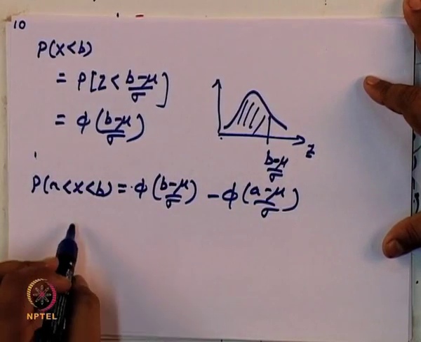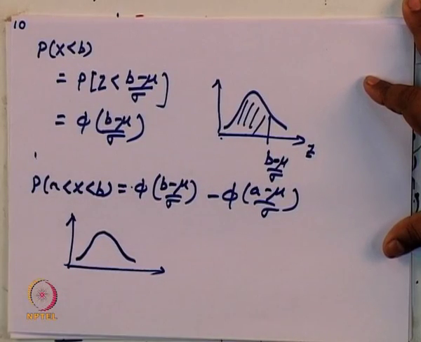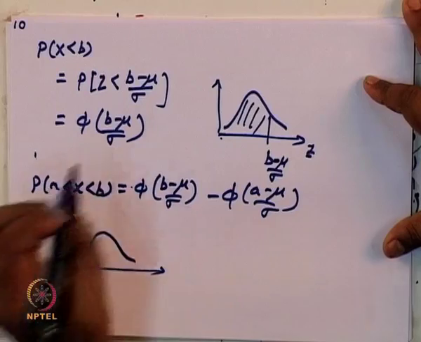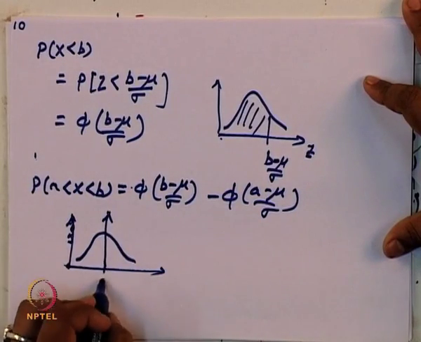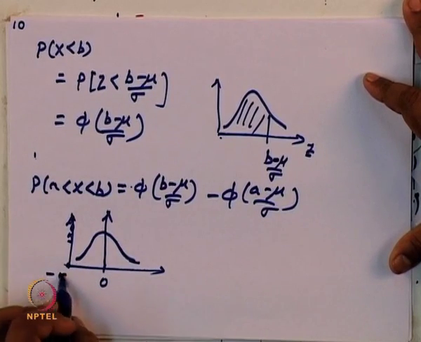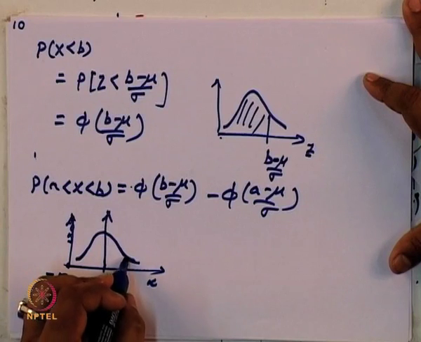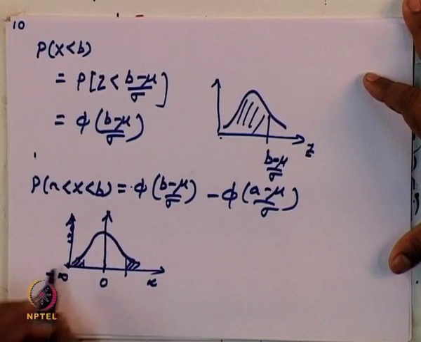One more thing, because of symmetry: if this is your distribution, this is for the entire x. For phi, the mean is always equal to 0, and you have minus infinity to infinity. So, for any value x, this area will also be equal to this area.